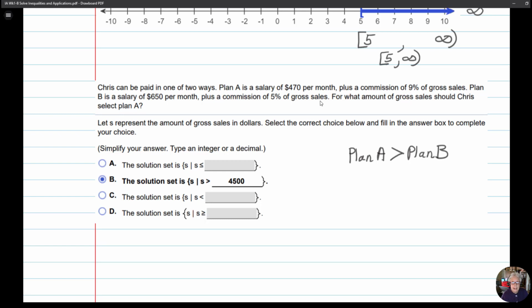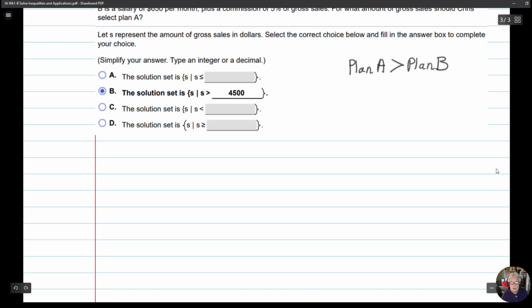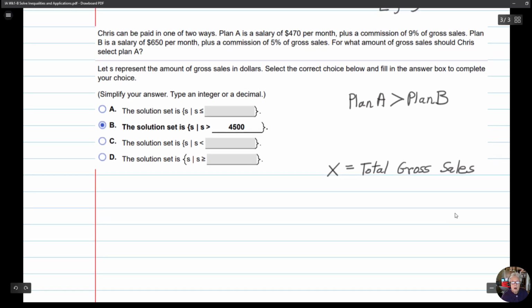It's the gross sales. So X is going to be the total gross sales. In other words, it's money. All right, now we're ready.